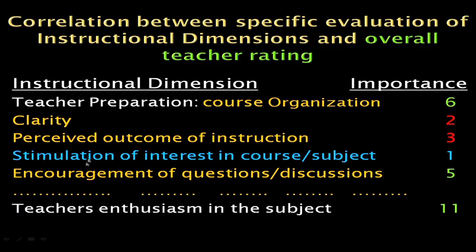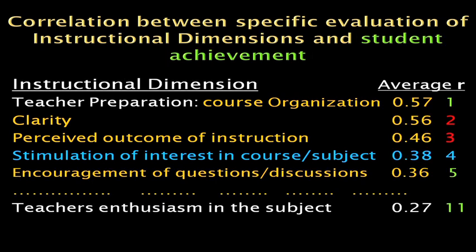So, if I take that feedback, then it is found that stimulation of interest in the course subjects becomes rank 1. Previously, when I correlated with student achievement, the stimulation of interest or motivation by the teachers was rank 4.